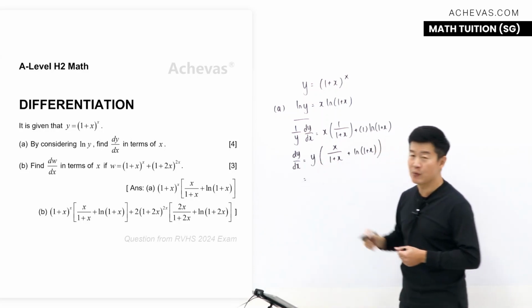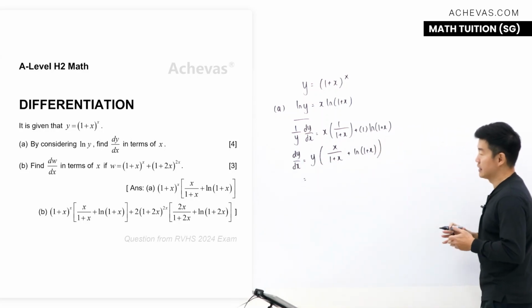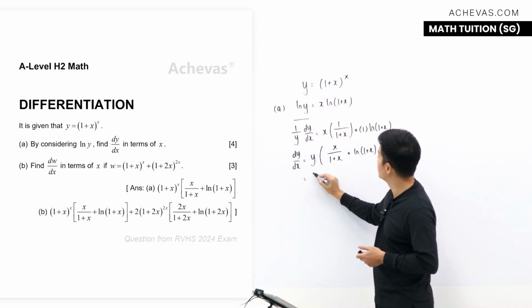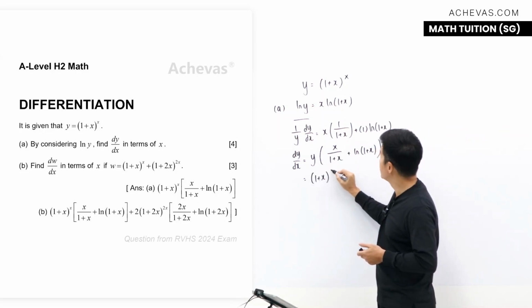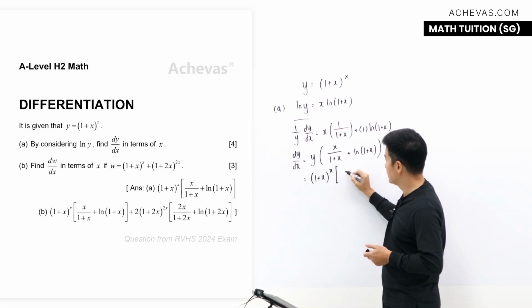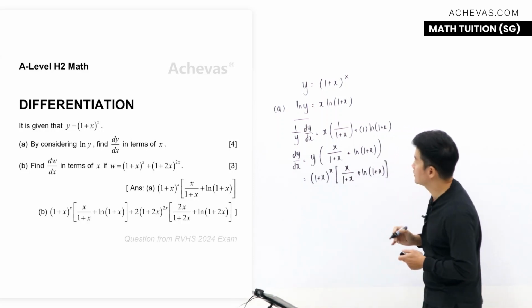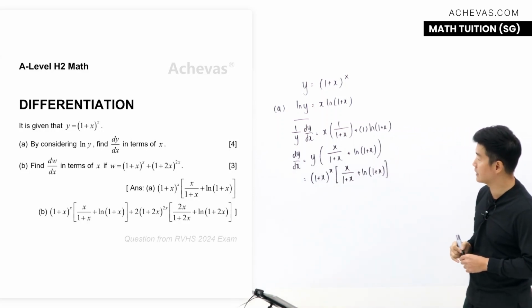I will need to re-express y in terms of x also. y is (1 plus x) to the power of x. So my final answer for dy dx is (1 plus x) to the power of x, times x over 1 plus x plus ln of (1 plus x). Okay, so this is dy dx.